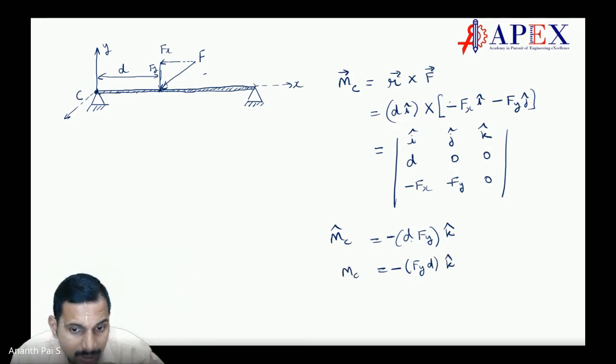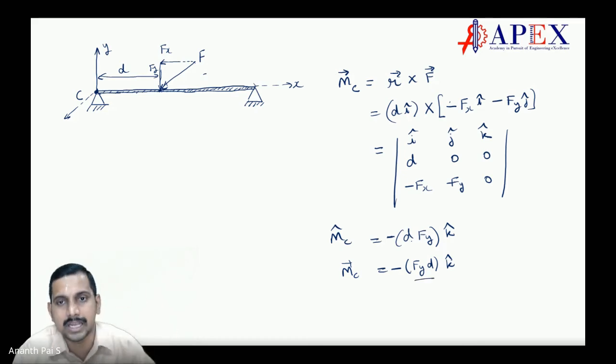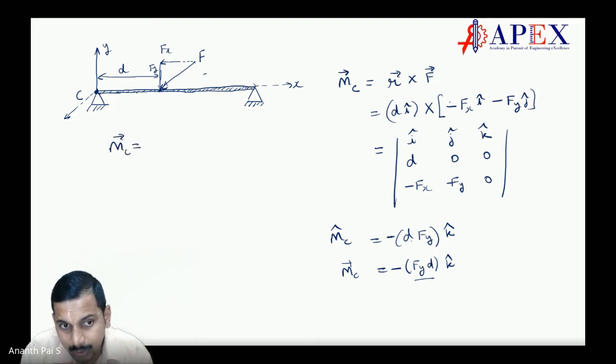Now here, what is happening? This is a vector which is taken. But if you consider Fy into D only, then this is the moment about the axis, which is a scalar. So MC vector is equal to minus Fy into D into k.